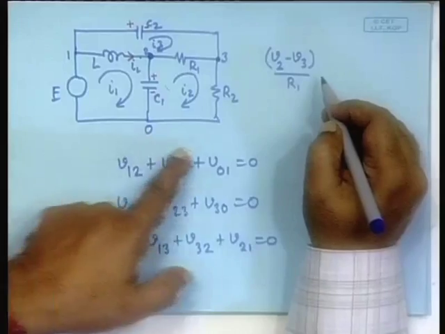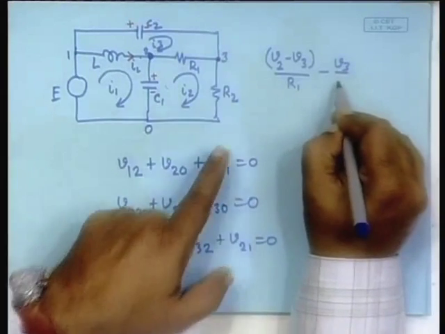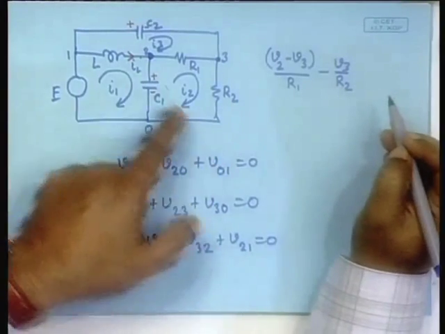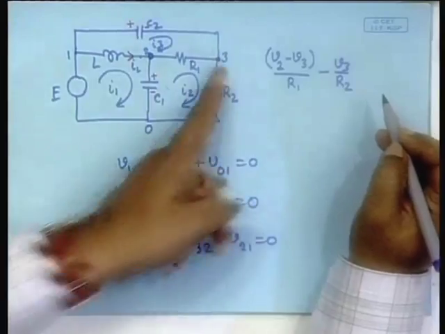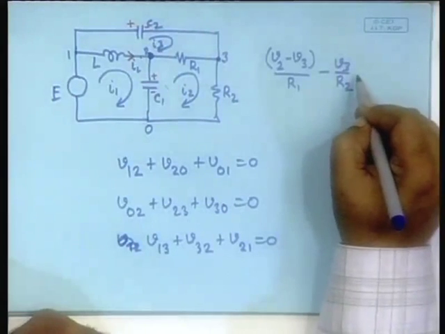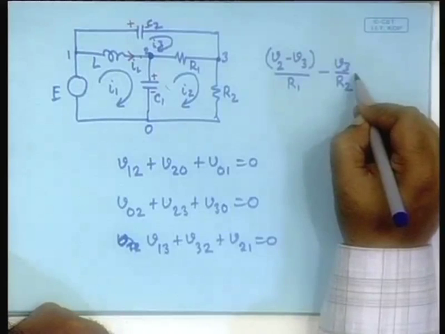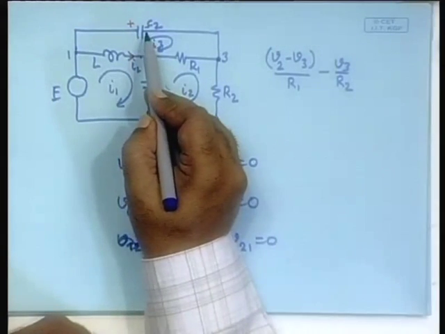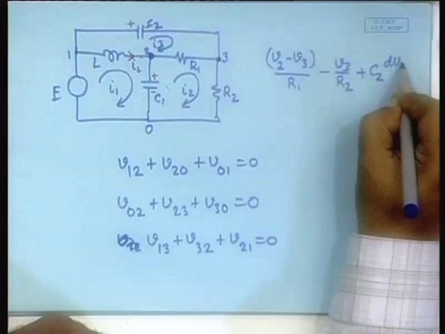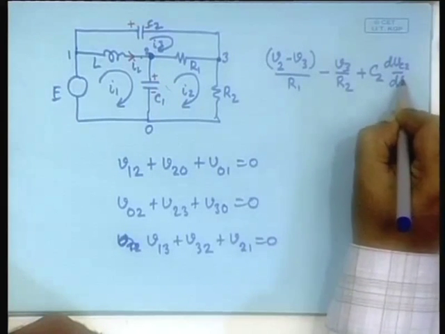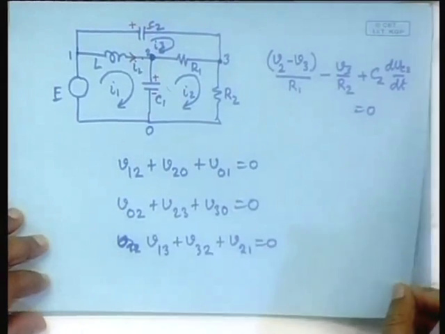So, this current is minus V3 by R2, and the other current, well, this is plus, this is minus, so it is plus C2 dVc2/dt equal to 0. From there you can extract.